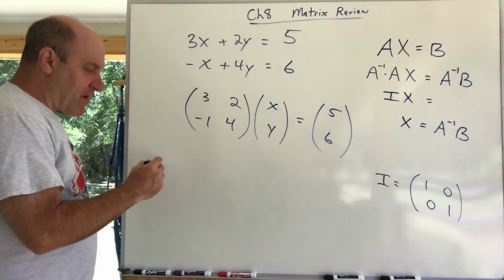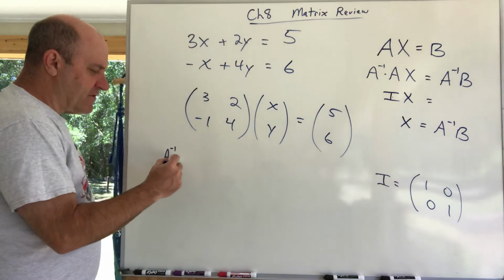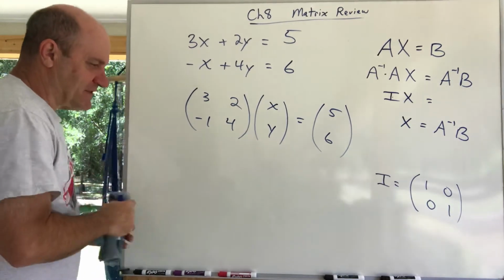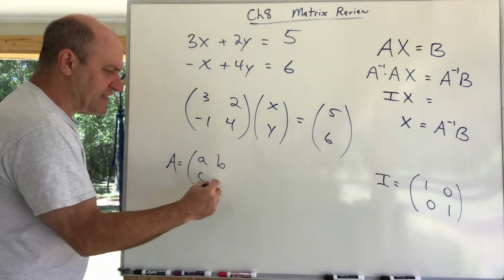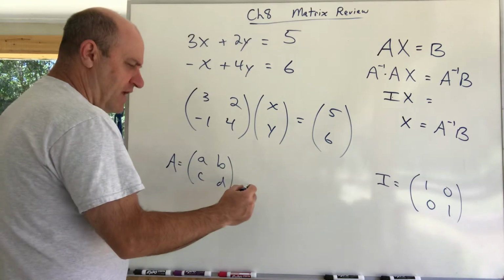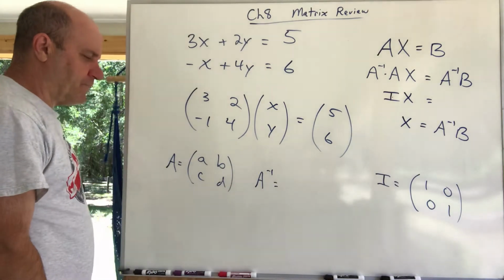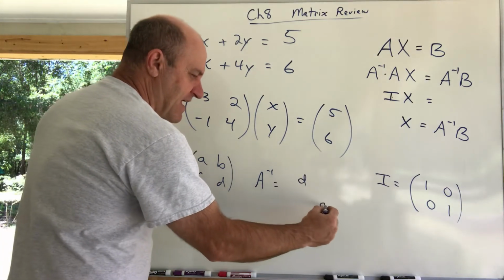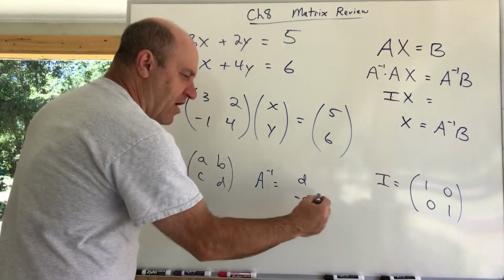So I think I've memorized this formula. For a 2 by 2, it works like this. If you have a matrix A, B, C, D, then A inverse is: you switch the A and the D, D, A. You negate the B and the C, but you leave them where they are.